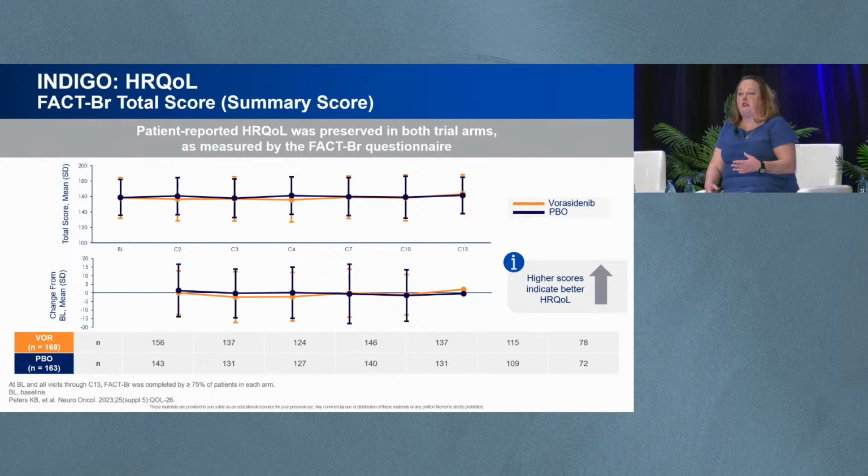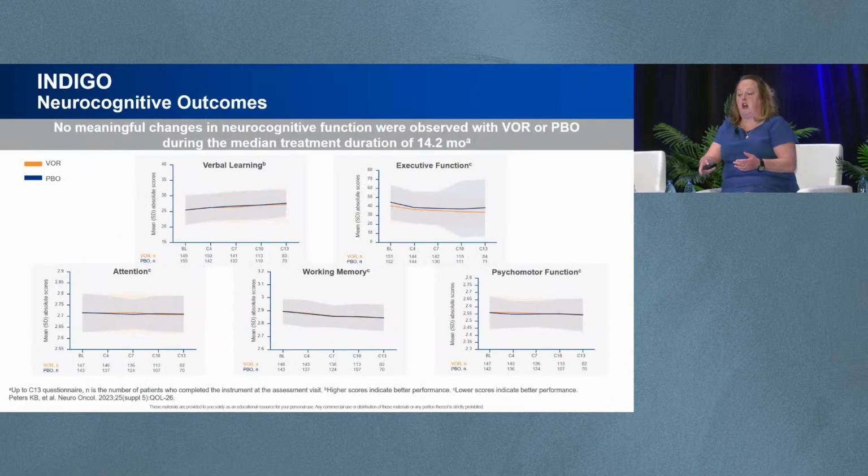For quality of life, through a series of patient-reported outcome questionnaires, there was no decrement in quality of life over time for patients on vorasidenib versus placebo. And this held true also for cognitive testing in a series of modalities across all different domains of cognition.